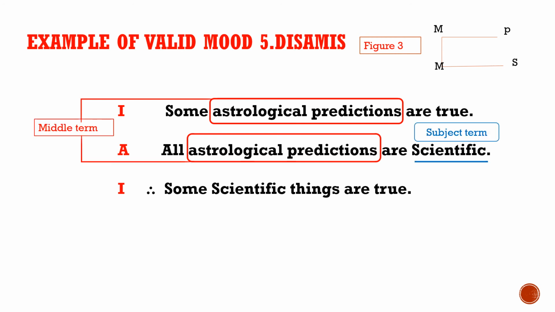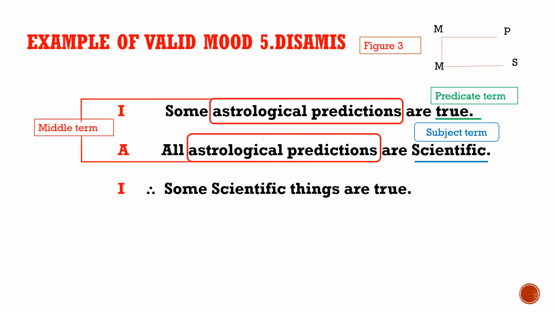Scientific is the subject term and true is the predicate term. This fifth combination IAI, called Disamis, does not violate any rules of categorical syllogism. Hence, it is a valid mood.